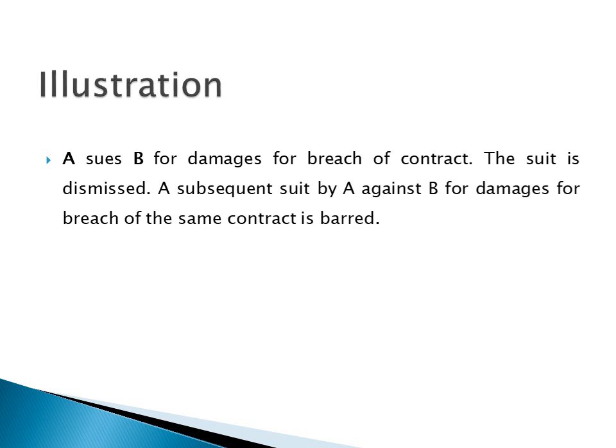Here, A's right to claim damages from B for breach of contract having been decided in the previous suit, it becomes res judicata and cannot therefore be tried in the subsequent suit. The reason being that B cannot be vexed twice for the same cause, that is, for the same breach of contract in this case.